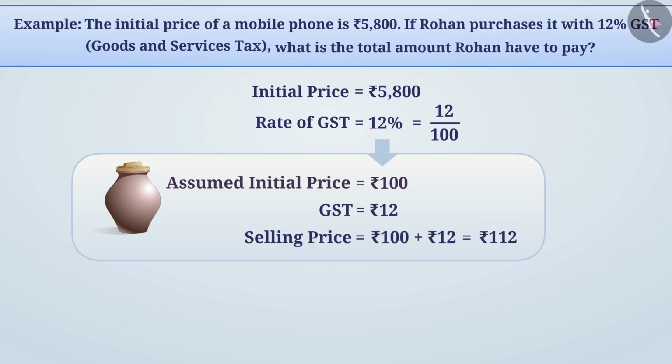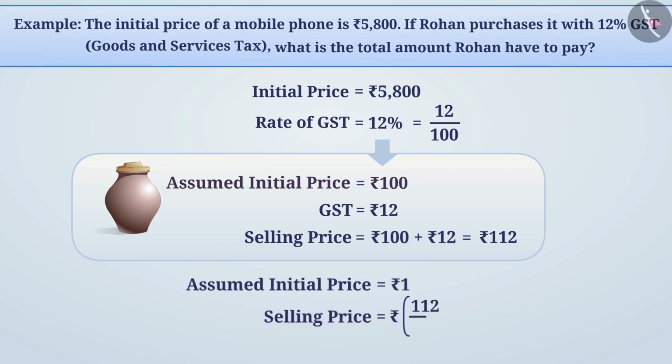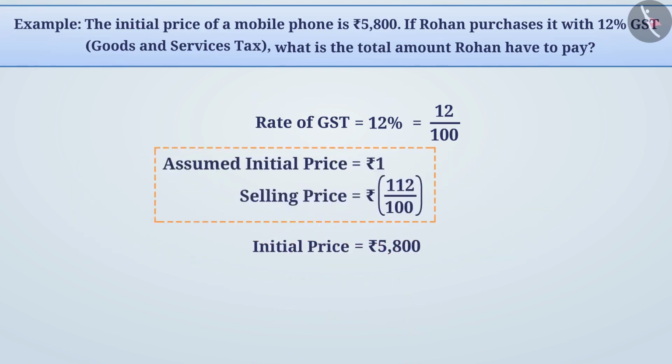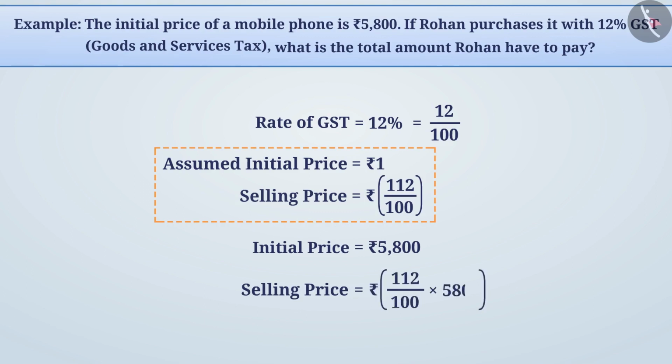In this way, when the initial price is 1 rupee, then the selling price will be 112 rupees divided by 100. In this way, when the initial price is 5,800 rupees, then the selling price will be 112 rupees divided by 100 multiplied by 5,800 rupees, which is equal to 112 rupees multiplied by 58, which is equal to 6,496 rupees.